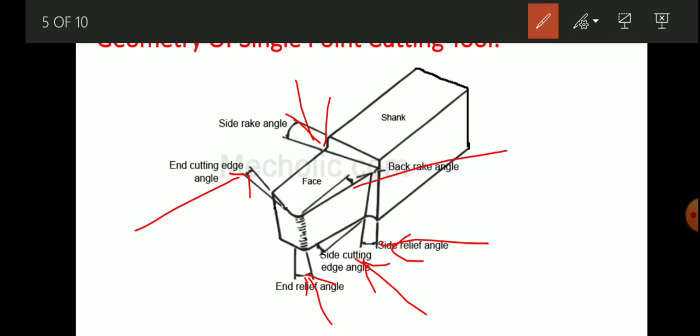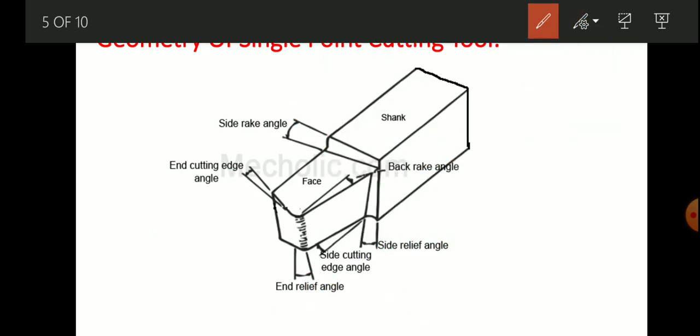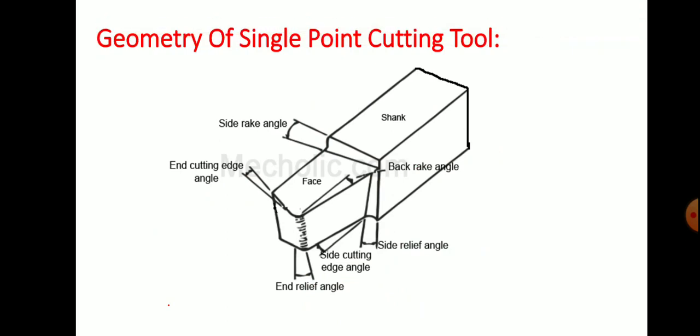Now we have back rake angle. It is the angle between the face of the tool and a line perpendicular to the base. So this was the geometry of the single point cutting tool.